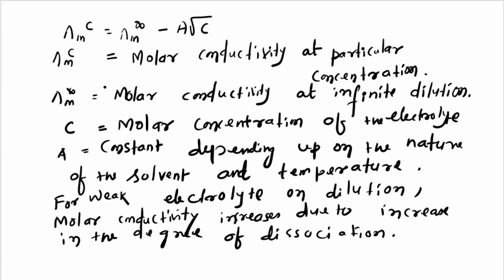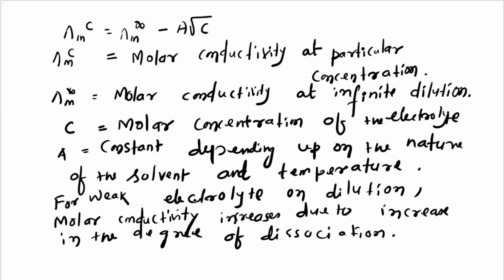If it is concentration C, it is the molar conductivity at a particular concentration. If it is the infinity sign, it is molar conductivity at infinite dilution. And what is C here? Molar concentration of the electrolyte. What is A here? A constant depending on the nature of the solvent and temperature.